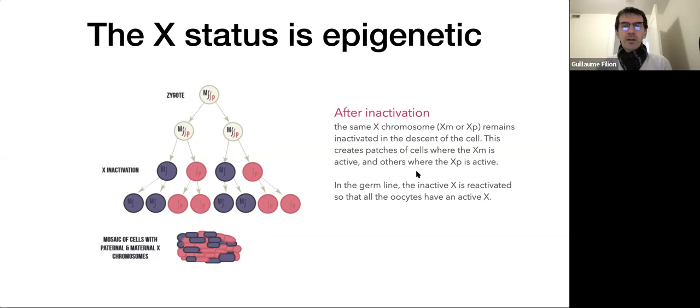In the germline, the inactive X is reactivated so that all the oocytes have an active X. Okay, so in the body of females, there's only one X that's active at all times, but for reproduction purposes, they reactivate both so that in the next generation, everybody receives an active X. They would not just keep the X in the inactive status and pass it to the next generation.